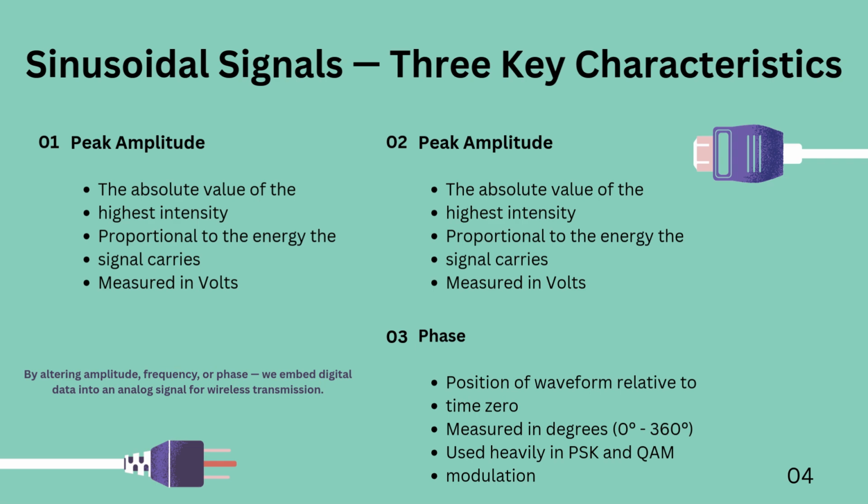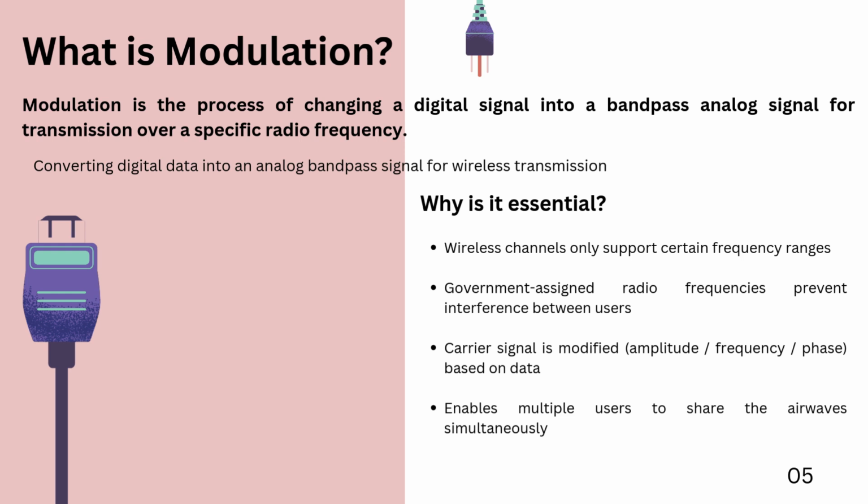This is the number of cycles per second measured in hertz. Higher frequency means higher data capacity. The third one is phase. This shows the position of the signal relative to time. By changing amplitude, frequency, or phase, we can encode digital data into the signal.